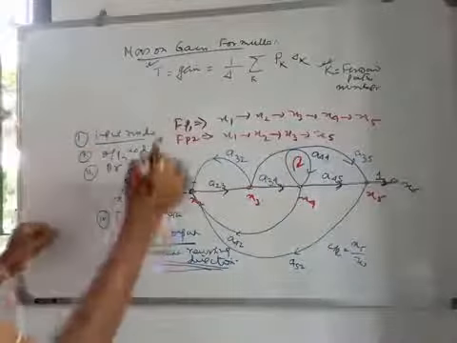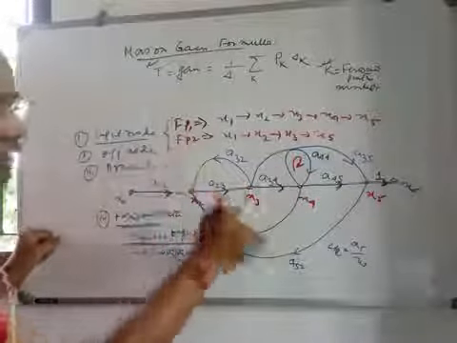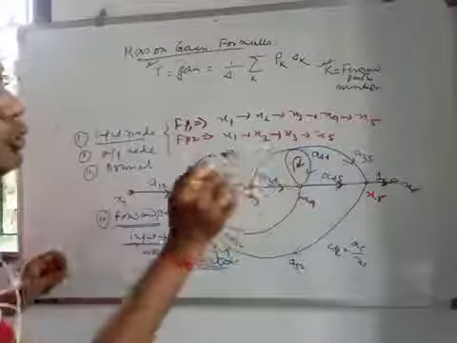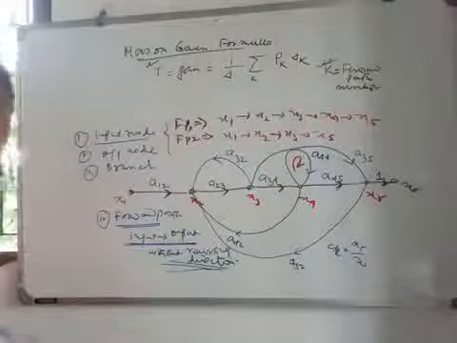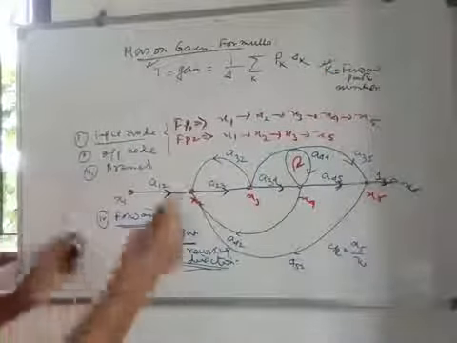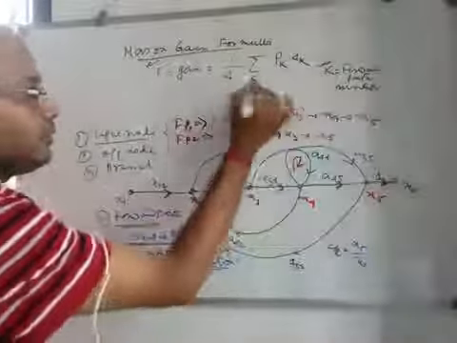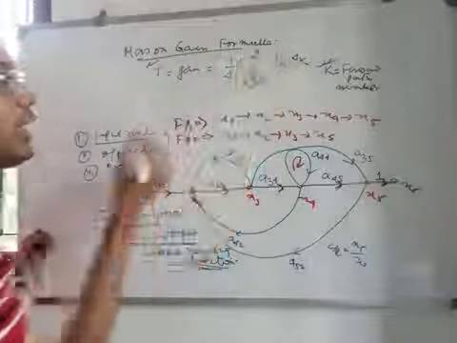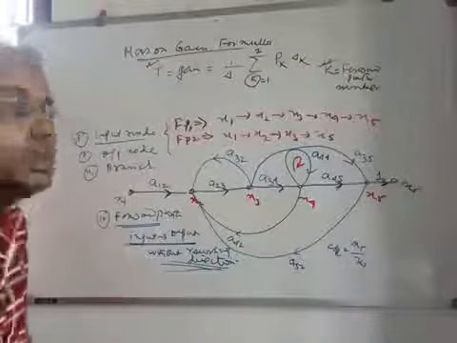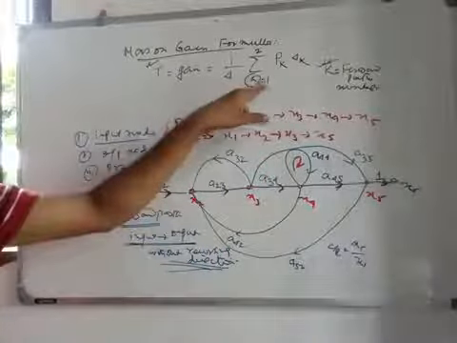So the number of forward paths for this particular example is 2. If the number of forward paths is equal to 2, k will be 1 to 2, we can write, right? So the number of forward paths means 1 and 2.